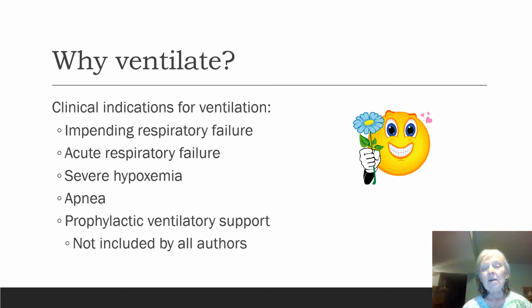Another one we see on occasions is prophylactic ventilatory support. Not everybody includes this, and that's not a problem. Why do we do this? Think about sometimes, and you're going to see a few more definitions when we get to the slide further on. If you have a patient who has to go to the MRI or the CT scanner, you tell the patient, this is what we're going to do, we're going to give you some drugs to sort of take the edge off, then we're going to put you in this closed container.